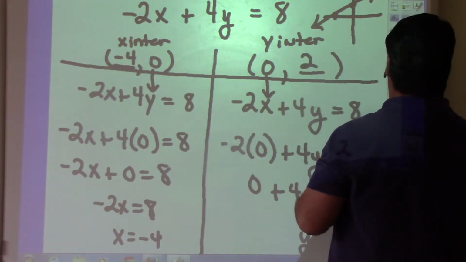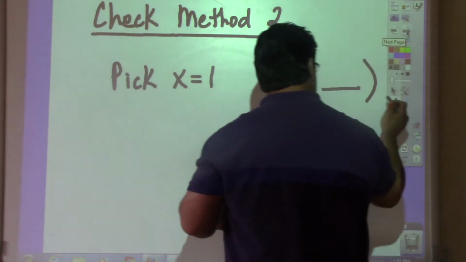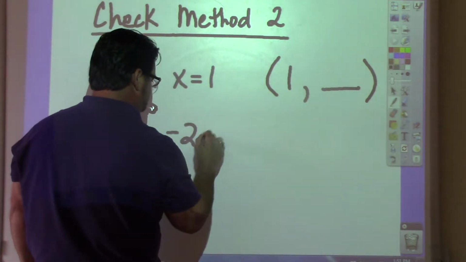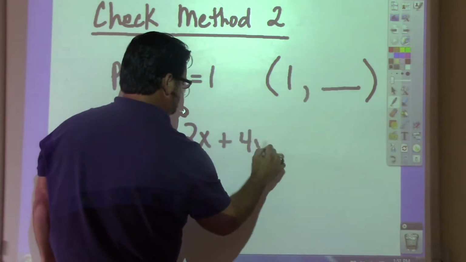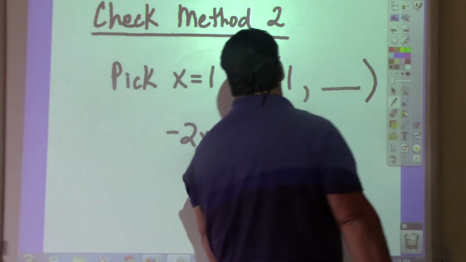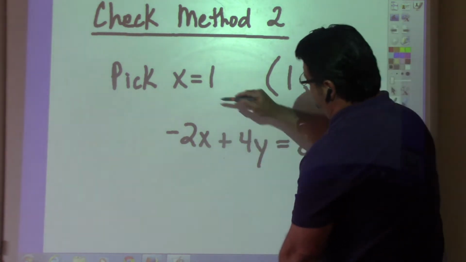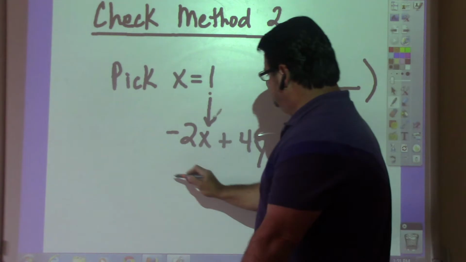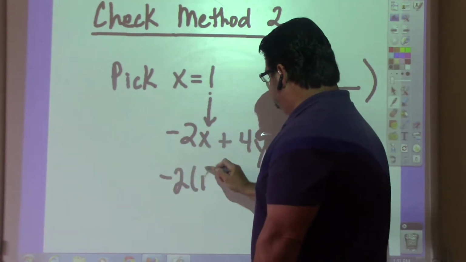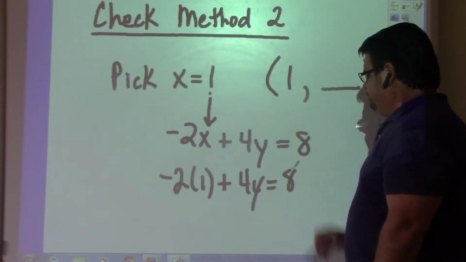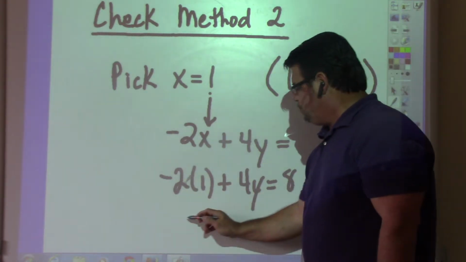And my equation, let me get my equation. Negative 2x plus 4y is equal to 8. Negative 2x, and notice what I do with my problem. I lined it up with x is equal to what? Plug it in. And what's negative 2 times 1?